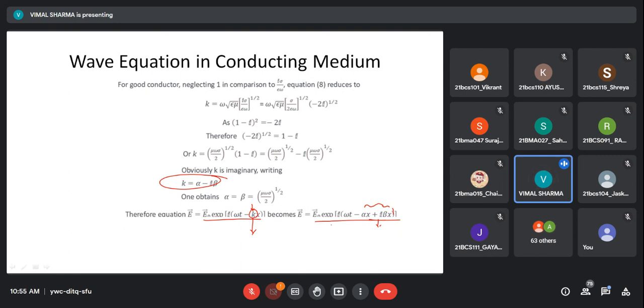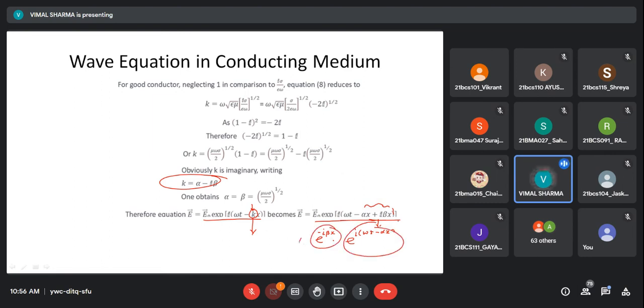If you see, I can write this exponential as e raised to the power minus beta x times the rest, which is e raised to the power iota omega t minus alpha x. So I'm separating these.